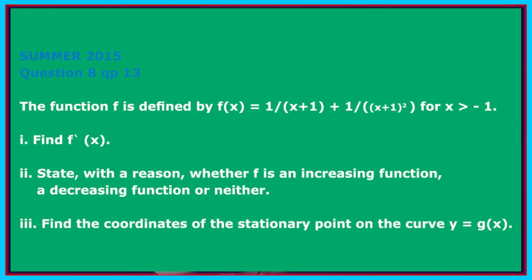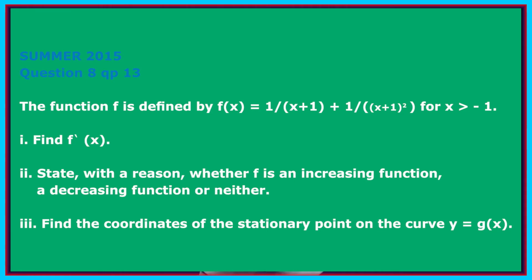Now this is question 8. QP12, question paper 12, question 8. The function f is defined by f of x is equal to 1 over x plus 1 plus 1 over x plus 1 all squared, all into brackets, for x greater than minus 1.